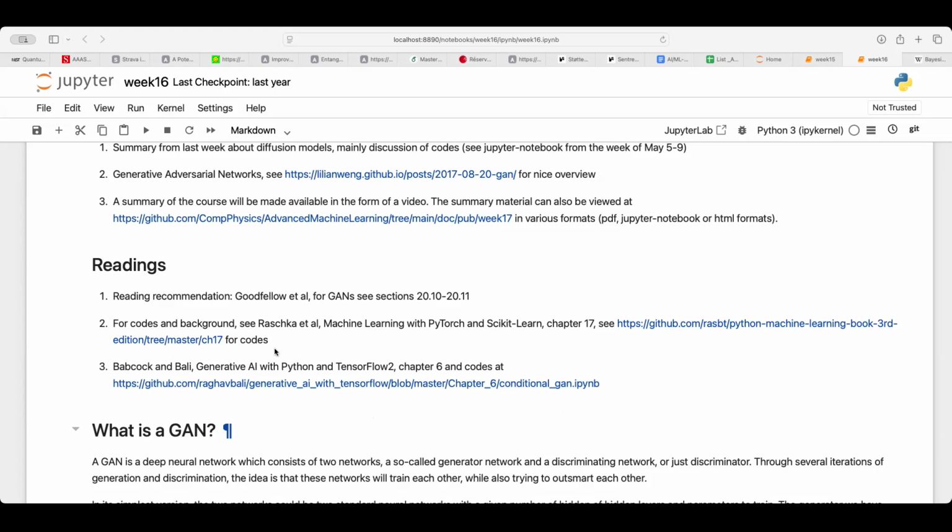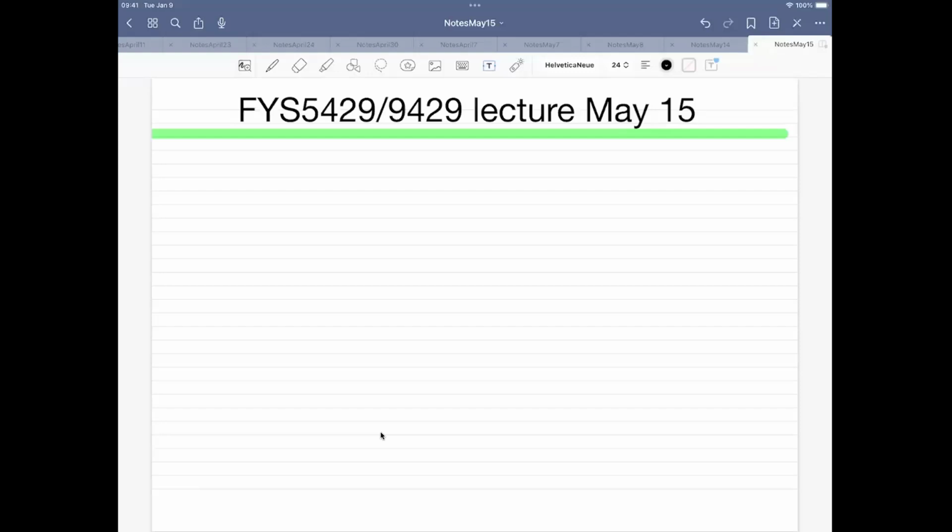So let's go back a little bit and lean back and look at the discussions which we had in connection with the different generative methods, and try to have a bird's eye view on these types of methods. In this course, what we started with was what we normally call discriminative methods.